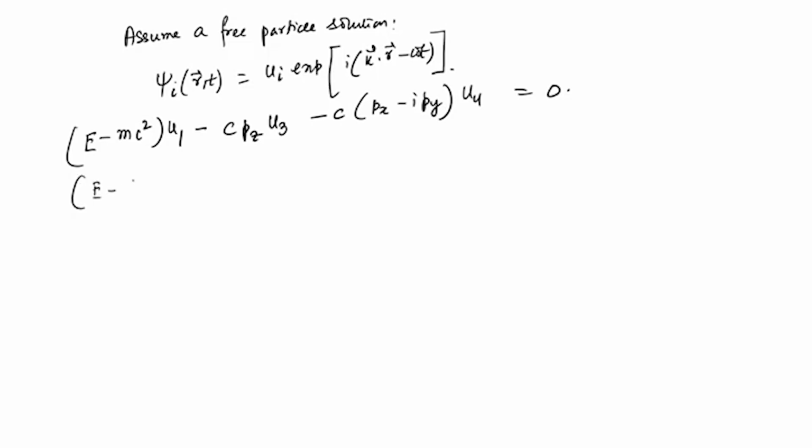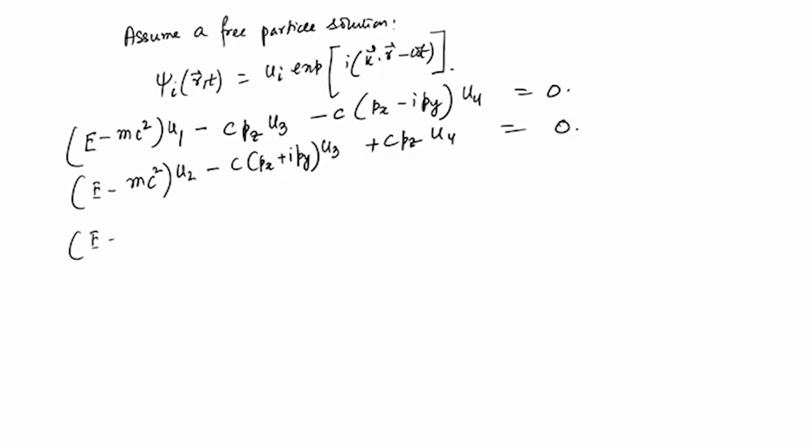The second one has E minus m c square. This is obtained by putting in all these alpha and beta which are given there, and then putting in this ansatz solution. (E minus m c square) u2 minus c (p_x plus i p_y) u3 plus c p_z u4 is equal to 0. Again, there is no u1 here.